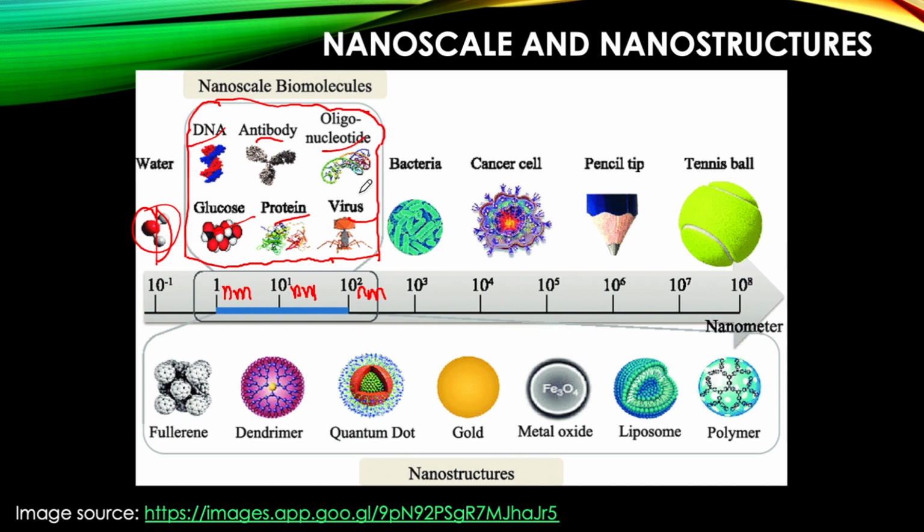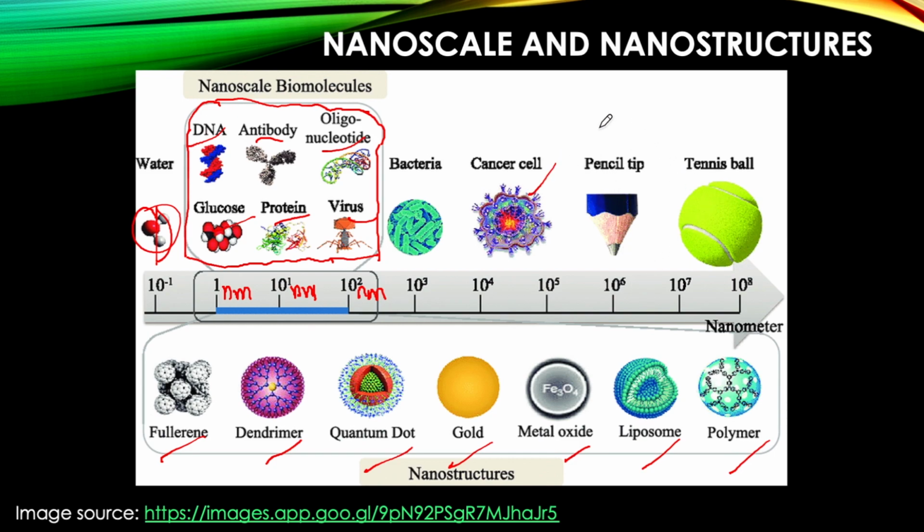So what are the nanostructures that we can see? We can have the fullerene, the dendrimer, the quantum dot, gold, metal oxide, liposome, and polymer. These are the nanostructures in the nano world. Bigger than that, at 1,000 nanometers, we can see bacteria. Bigger than that, we can see cancer cells.